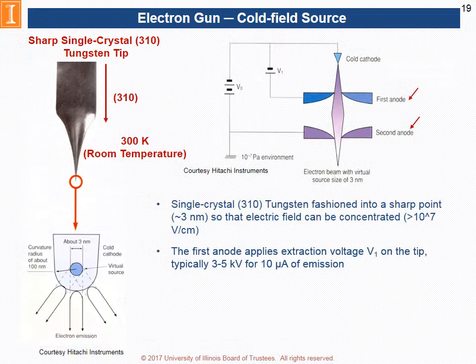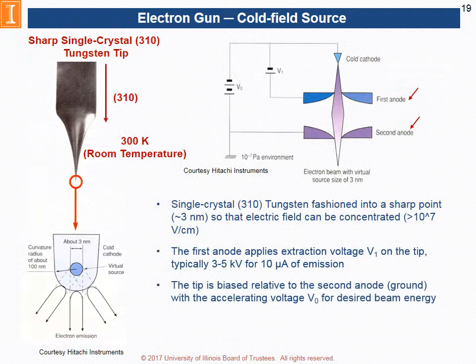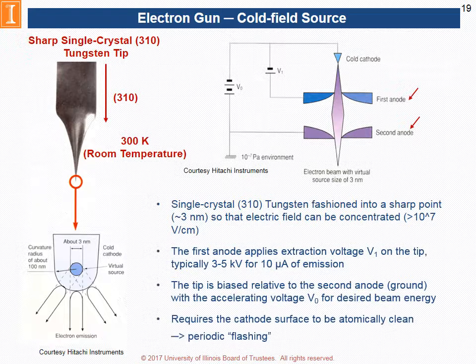The first one applies extraction voltage on the tip, typically 3 to 5 kV. The second anode supplies accelerating voltage. In a cold field gun, the tip surface needs to be atomically clean. Therefore, periodic flashing is needed to clean the tip surface.